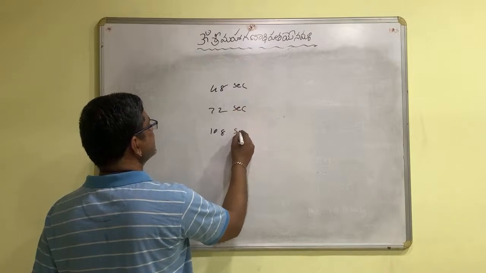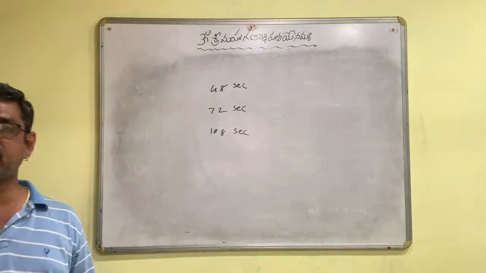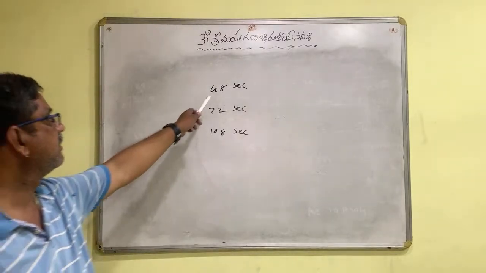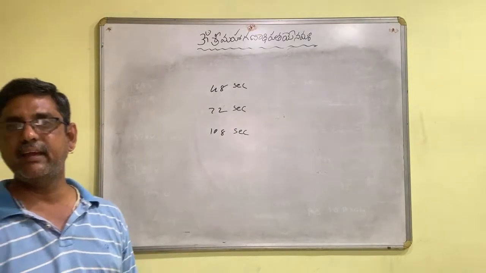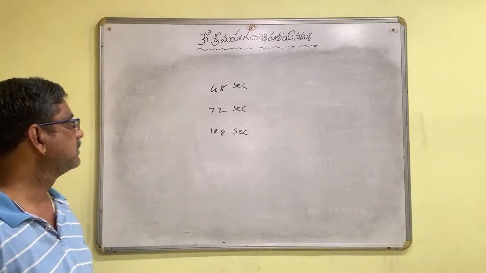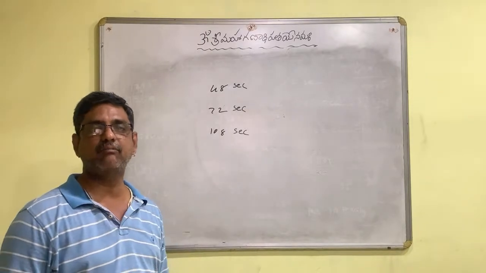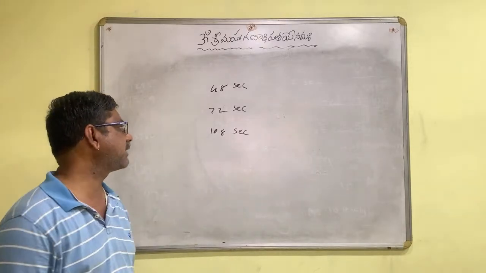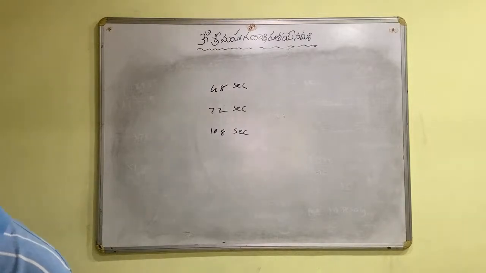The traffic signal changes at 3 places. First place, signal changes after every 48 seconds. Second place, signal changes after every 72 seconds. And third place, it changes after every 108 seconds.